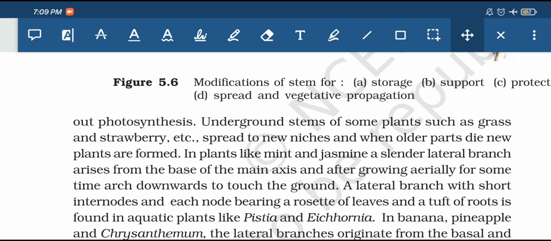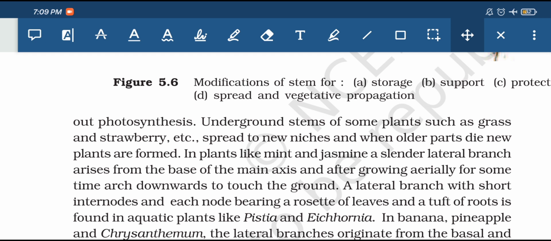In plants like mint and jasmine, a slender lateral branch arises from the base of the main axis, and after growing aerially for some time, that means upwards, it arches downwards to touch the ground. This is seen in mint and jasmine.